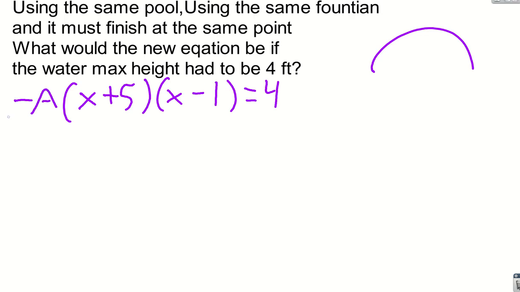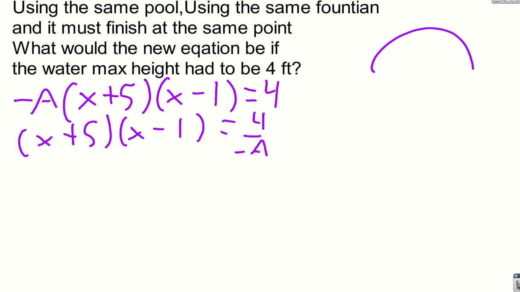So I'm going to divide negative a to both sides to isolate the x's. Okay. I'm going to double distribute. And that's going to equal 4 over negative a. Okay? So now we just have to find our vertex.